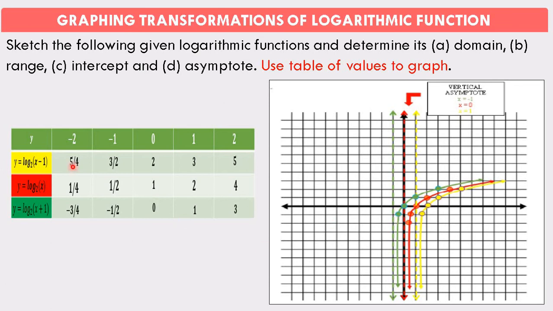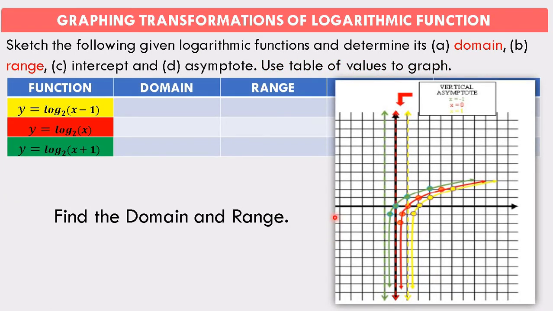Since the yellow function has an h value of 1, it moves to the right. And the green has an h value of negative 1, so it moves to the left. If h is negative, or less than 0, the movement is to the left. And if the h value is positive, the movement is to the right.